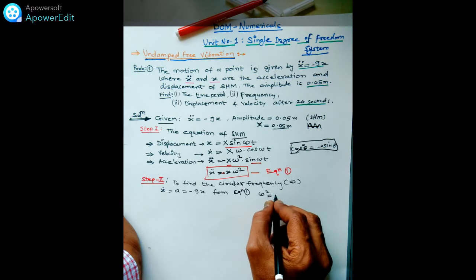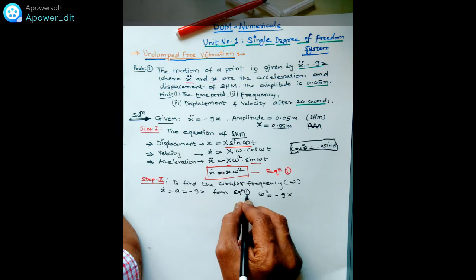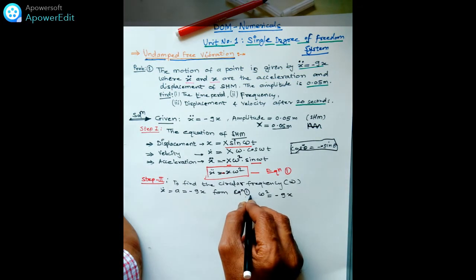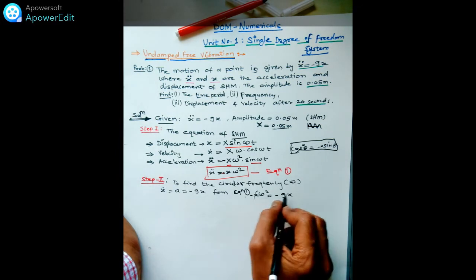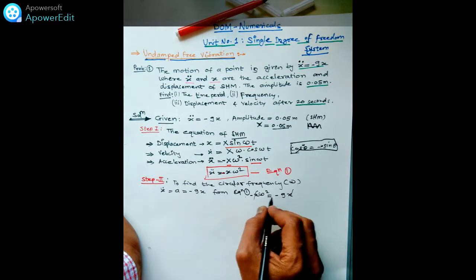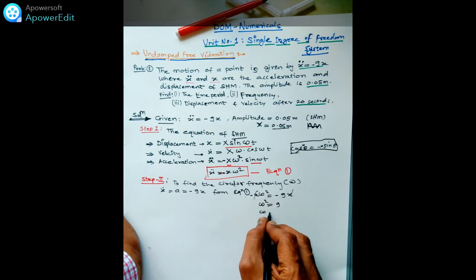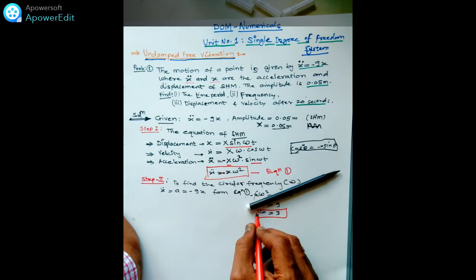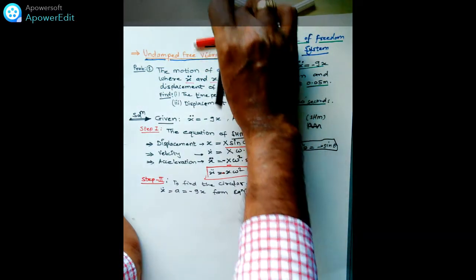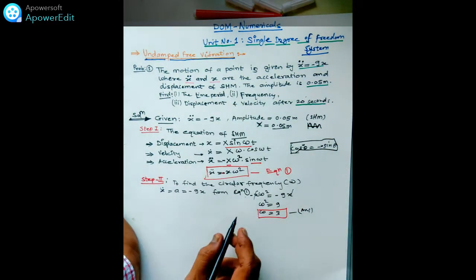Minus 9x and minus omega square x, comparing these two, what will remain? Here x will get cut and minus will get cut. And this omega square is equal to 9. So omega becomes 3. This is your answer, friend. We got one of the answers, here the circular frequency we have obtained.